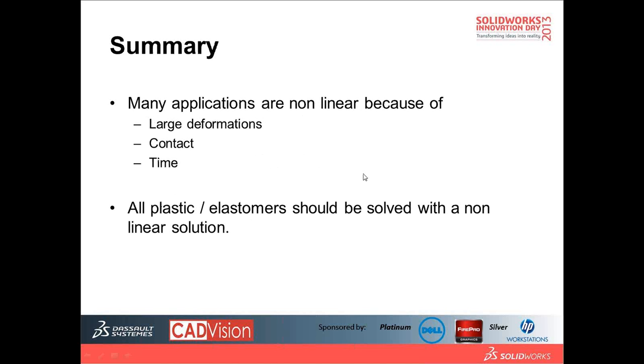So let's make a little bit of summary. Many applications are nonlinear because of the three assumptions: stiffness, load, and contact. The other one is about material. All plastic and hyperelastic materials should be solved with nonlinear solutions. So this is a brief introduction of nonlinear analysis.